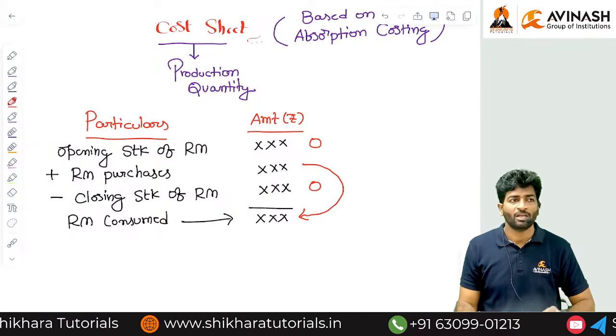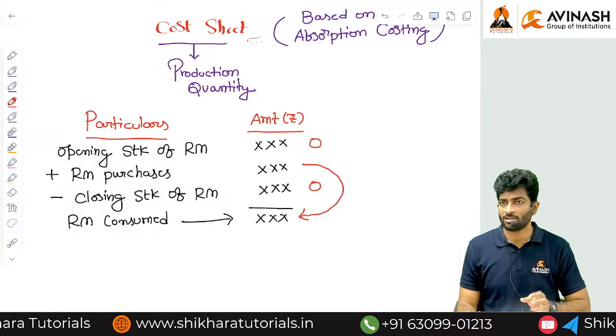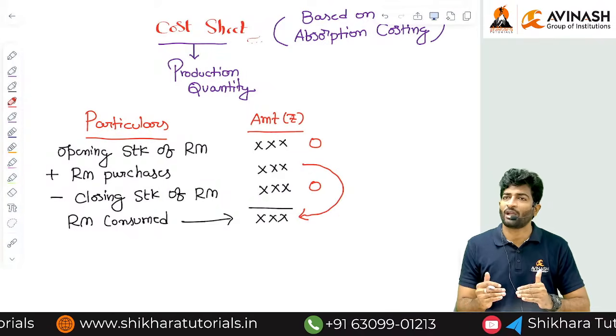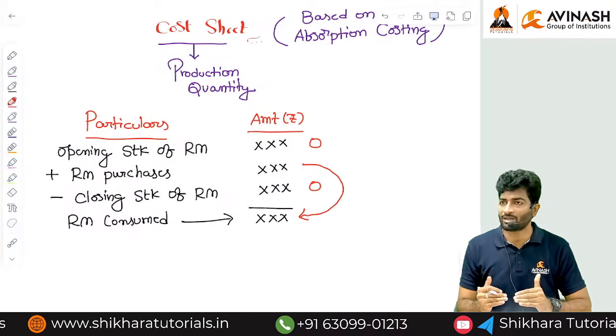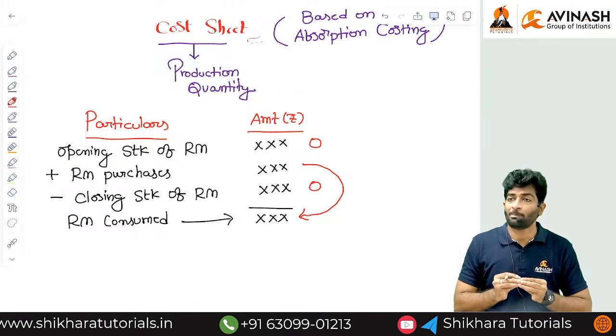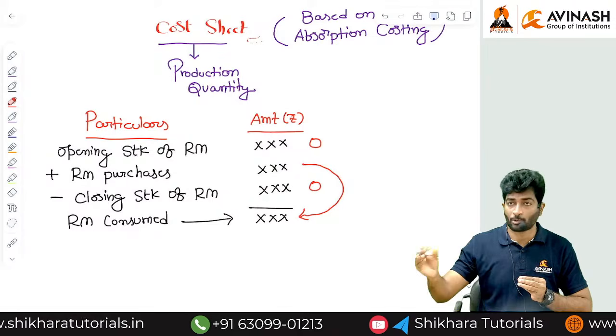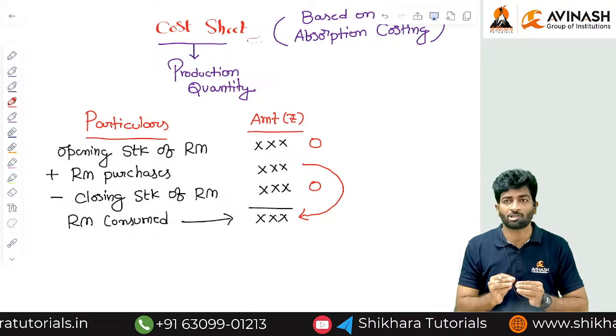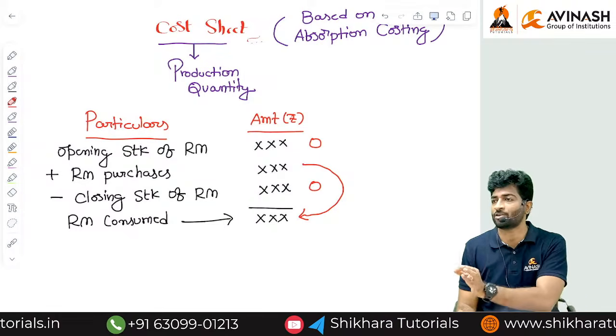Right. So if opening stock is 0 and closing stock is 0, purchase is equal to consumption. When both are zeros, why write all 4 lines for raw material consumption? In such a case, I'm going to say my purchases directly went into production, used entirely for production activity without leaving a single quantity as closing stock.